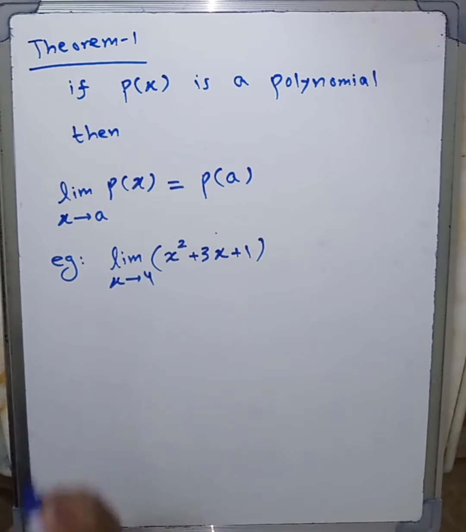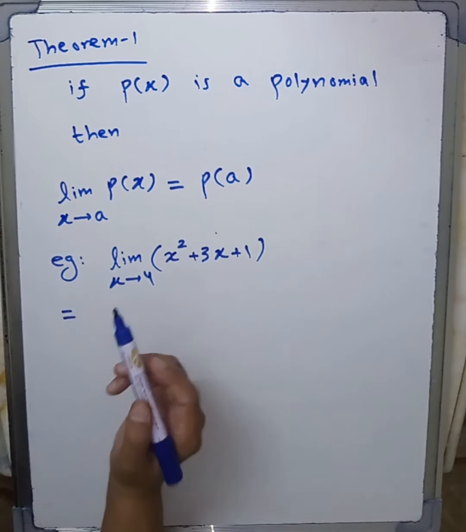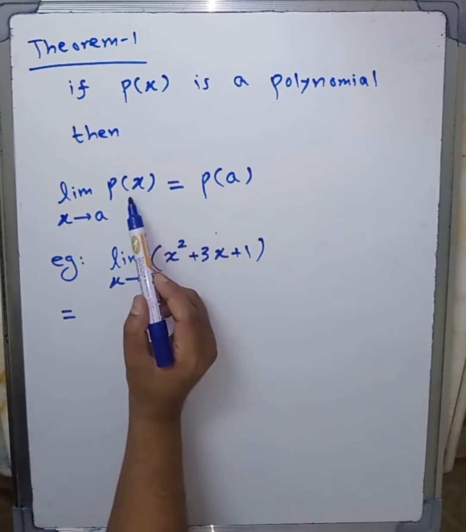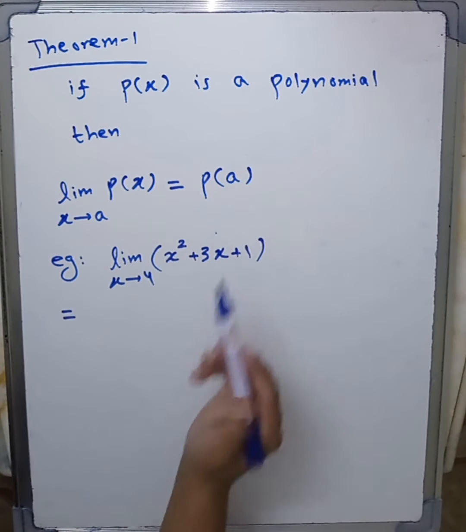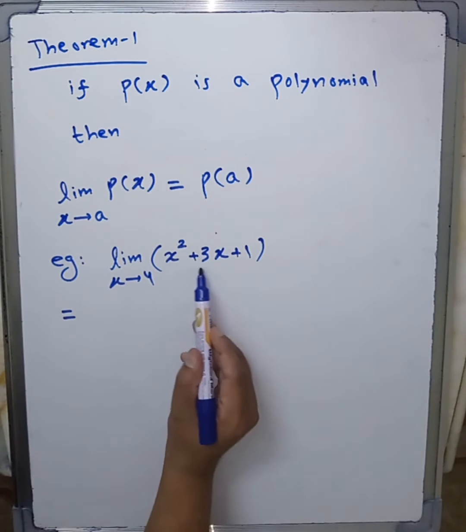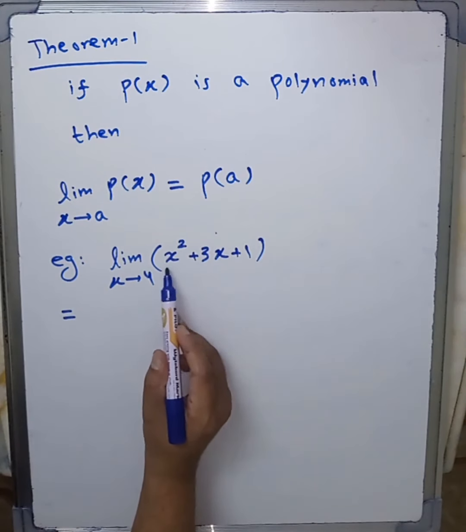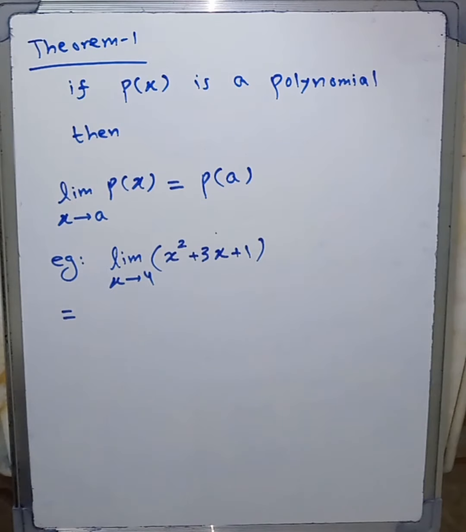So what we will do, using theorem number 1, we will simply replace x by a. Here our a is 4. So in the polynomial we will simply put x equal to 4 and we will get the limit.